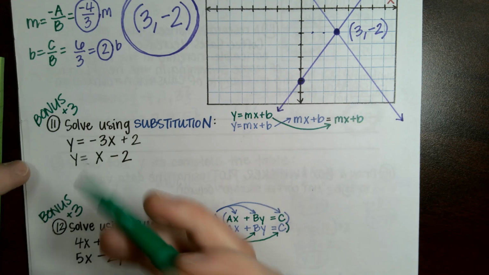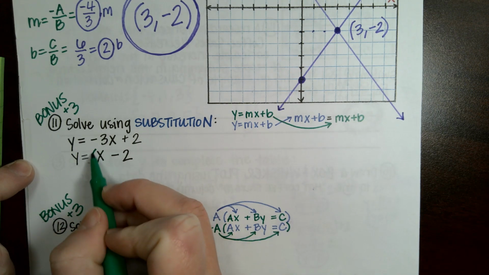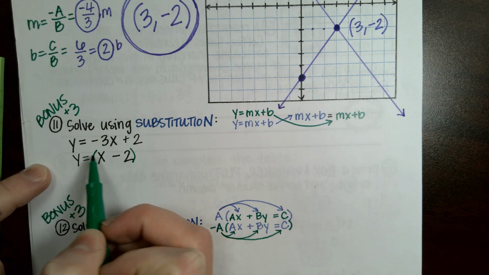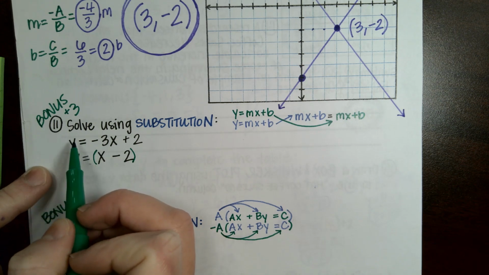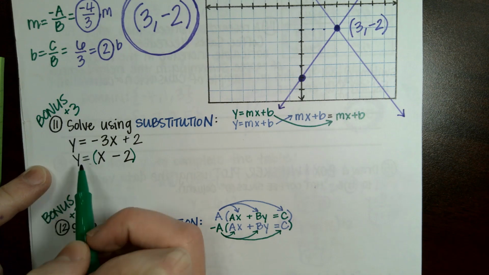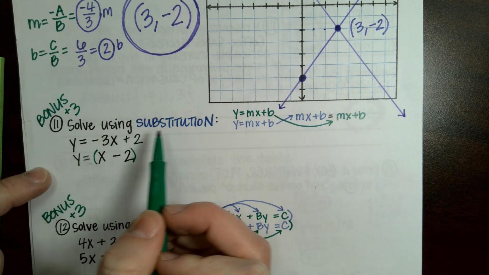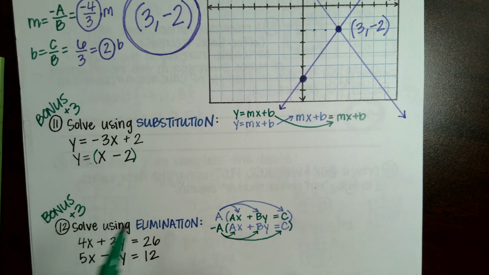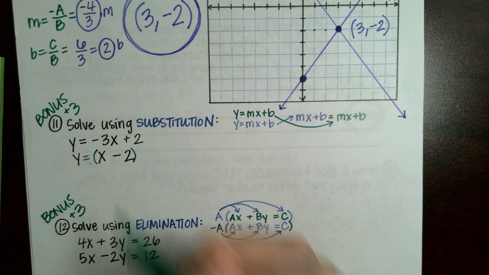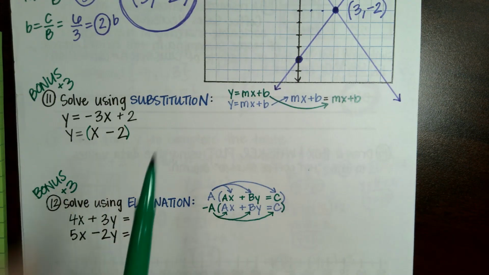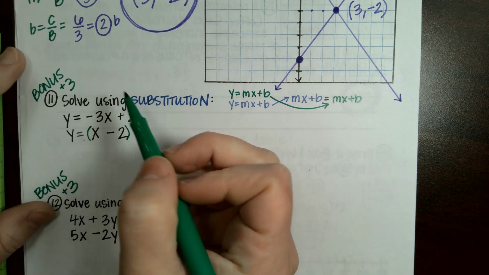For example, I have y equals x minus 2. I could put x minus 2 in for y in the other equation because I know y is x minus 2. Then I would have an equation with x's in it, and I could solve for x. Once I've solved for x, I can plug that value into either of these and solve for y. So we're doing a whole lot of rearranging. Let's walk through this process together.